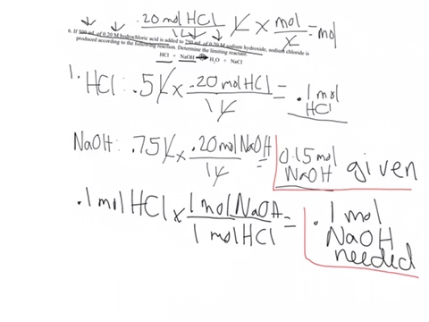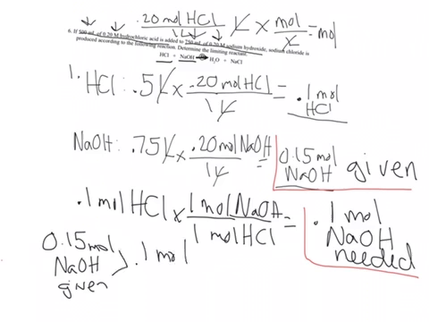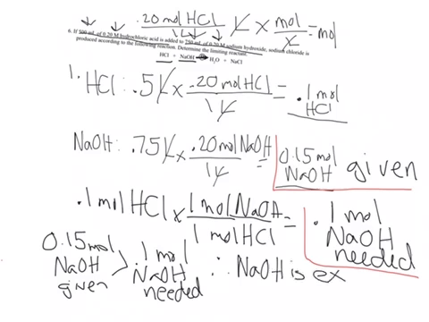So we'll write that out. 0.15 moles of NaOH given is greater than the 0.1 mole of NaOH needed. Therefore, NaOH is in excess and hydrochloric acid is limiting.